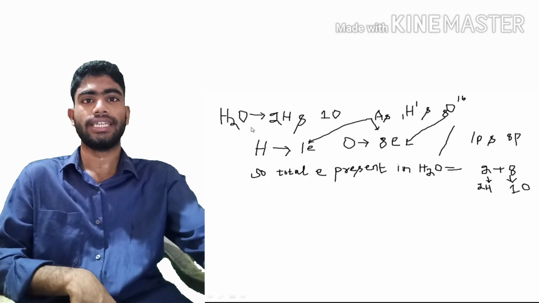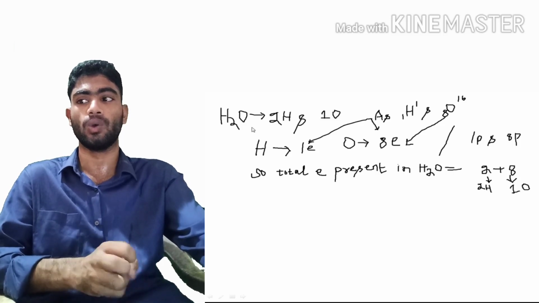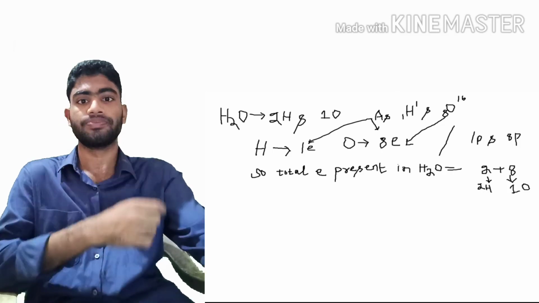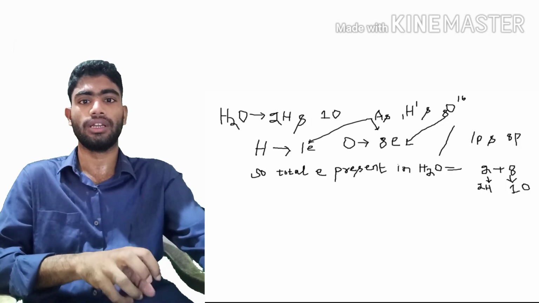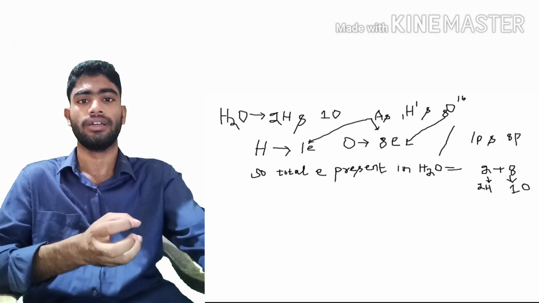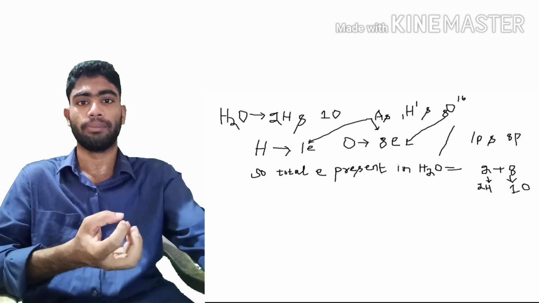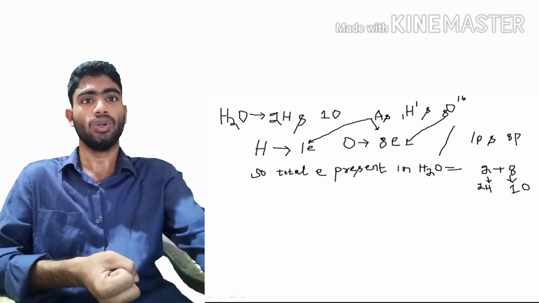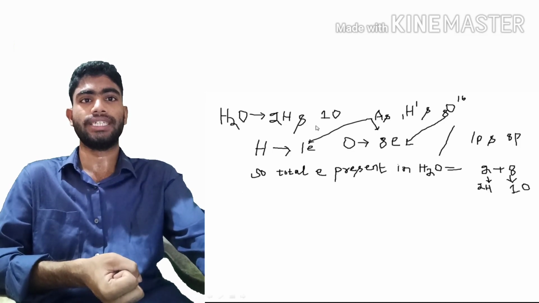Now look at this. First of all, I have to calculate what number of positive or negative charge is present in one water molecule. Here two hydrogen and one oxygen are present.